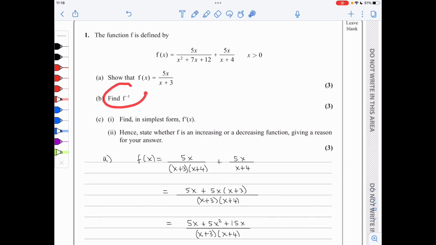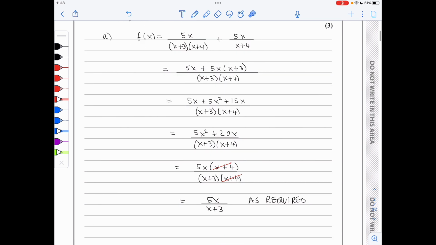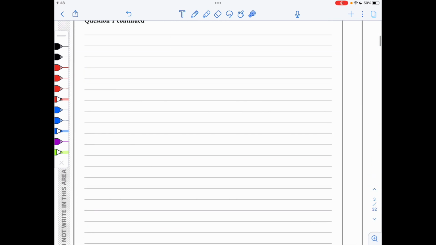And then in part B, we need to find f inverse. So based on our answer to part A, we start by writing out that y is 5x over x plus 3. I will interchange x and y, so x is 5y over y plus 3.